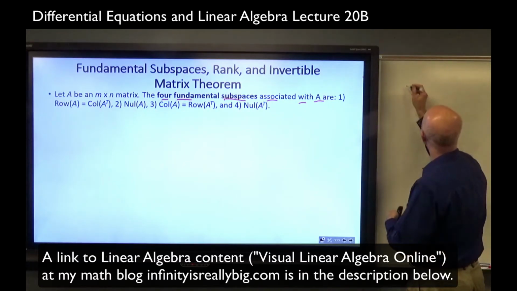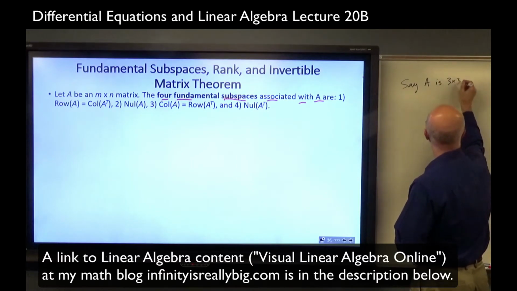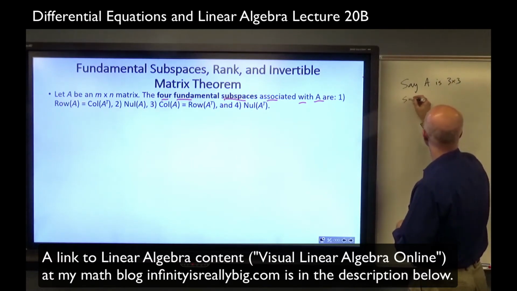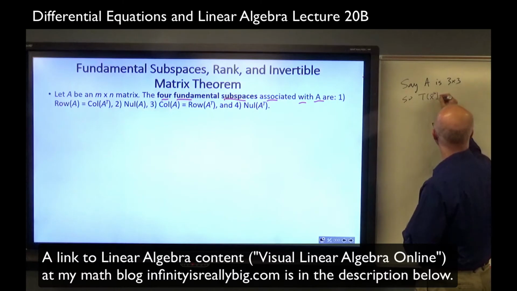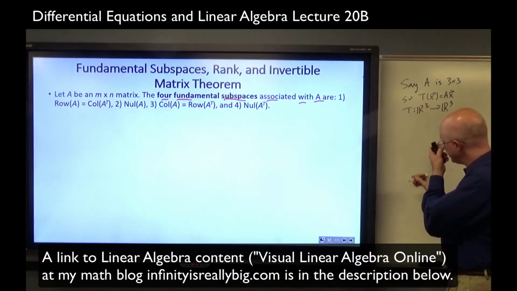So the resulting linear transformation defined by T of x equals A times x maps from R3 to itself. Just keep that in mind because we're going to draw some pictures here.